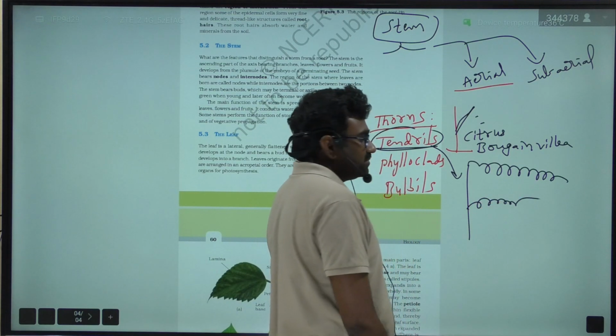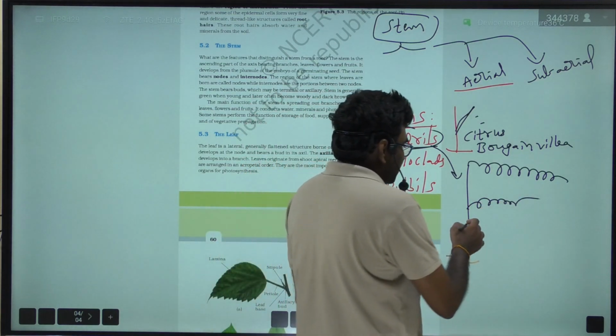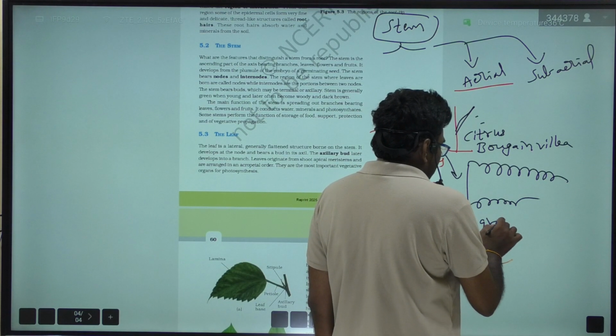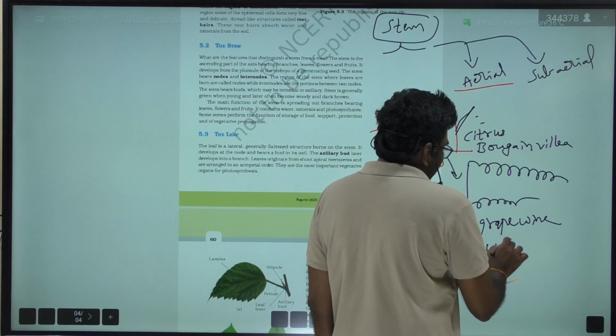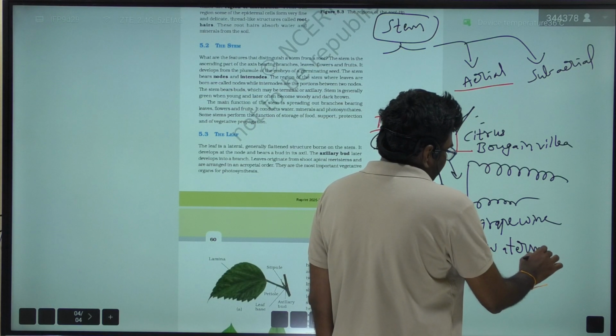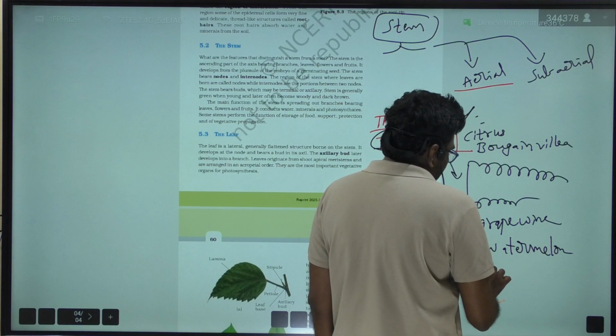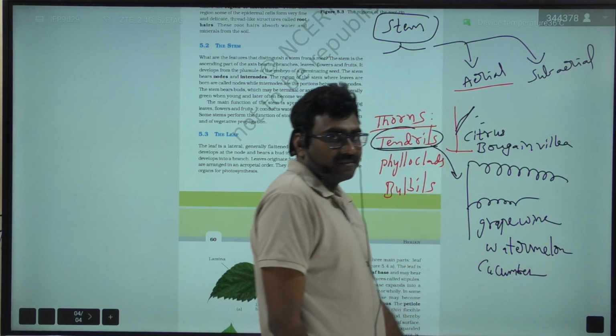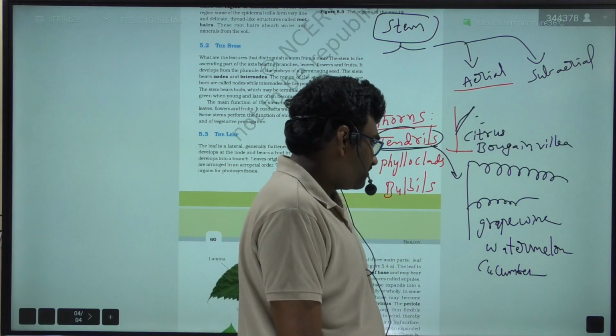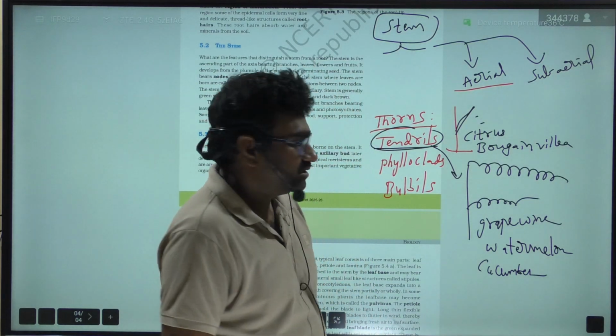Examples for stem tendrils: watermelon, cucumber, grapevine, pumpkin, etc.